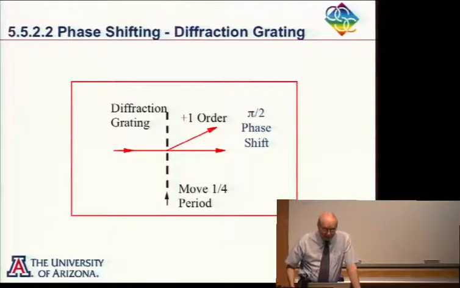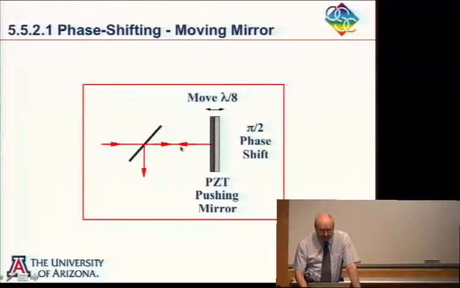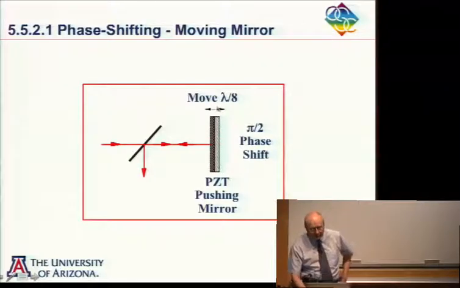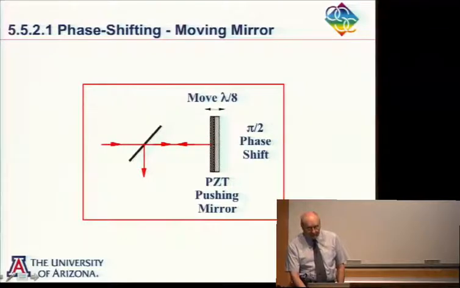And the nice thing about this is that the phase shift is independent of the wavelength. You know, if I go back here, I said, well, if I move this a certain distance, if I move it 1/8 of a wave, then I'm changing the phase by 90 degrees. But if I change the wavelength and keep the distance that I move it the same, the phase shift would be different.